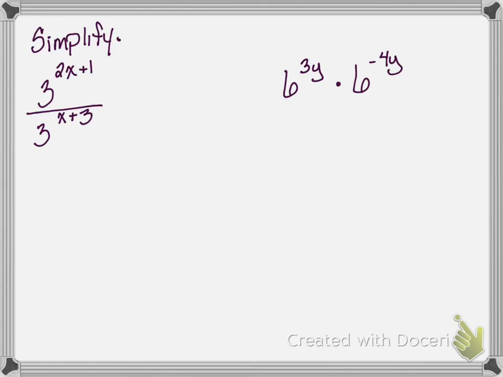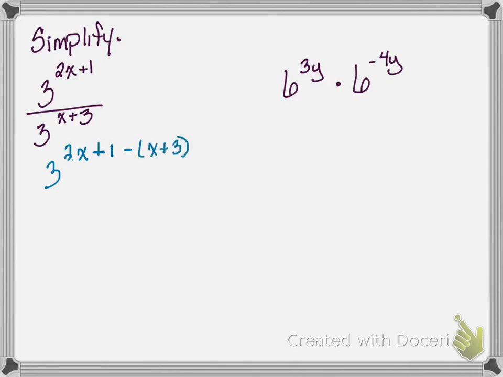My bases are the same, so what do I have to do with my exponents? Subtract them. So I have 3, and then I have 2x plus 1, and then I am subtracting the denominator. So I have x plus 3.